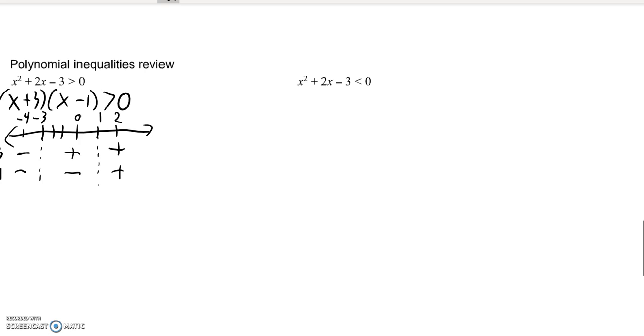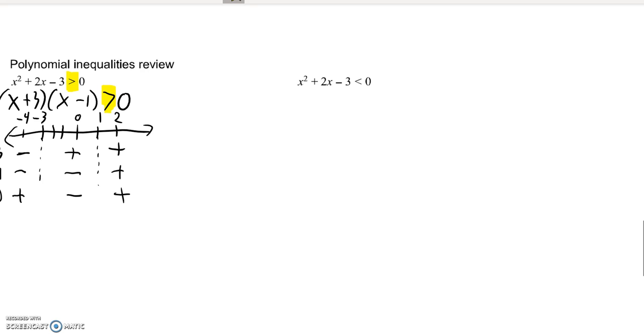So now when you look at the two things together, the function x plus 3 times x minus 1, you're multiplying. So a negative times a negative, doesn't matter what it is, is always a positive. A positive times a negative is always a negative. And a positive times a positive is always a positive. We are looking for greater than.